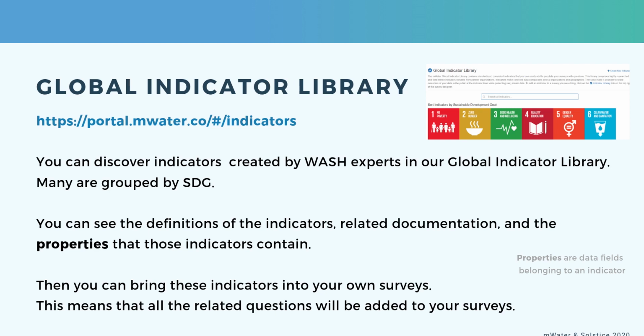On this page you can find the definitions of these indicators, the related documentation, and the properties that those indicators contain. Properties meaning the data fields that belong to those indicators. And from there, you can bring these indicators into your surveys. When you do that, all the questions relevant to filling that indicator will be automatically added to your survey. So let's take a look.